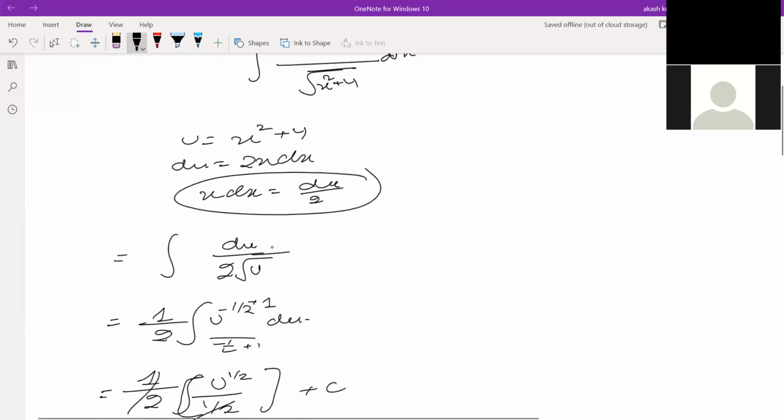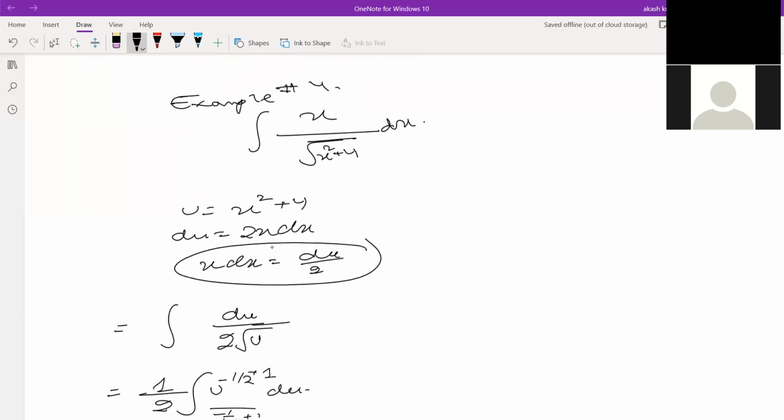The other method is that we know the square root of x squared plus 4 can be written like this, x squared plus 2 squared. And for the trigonometric substitution, we have to go back to the book.